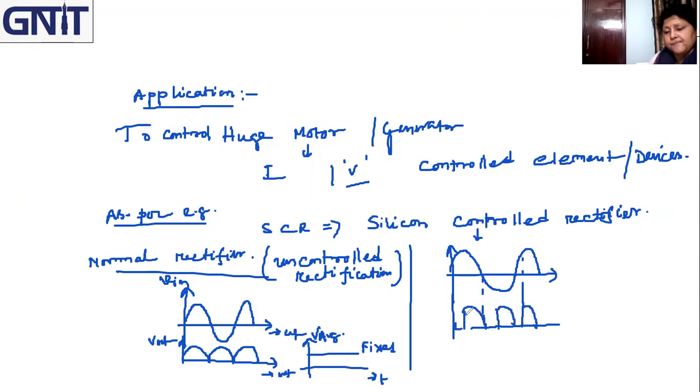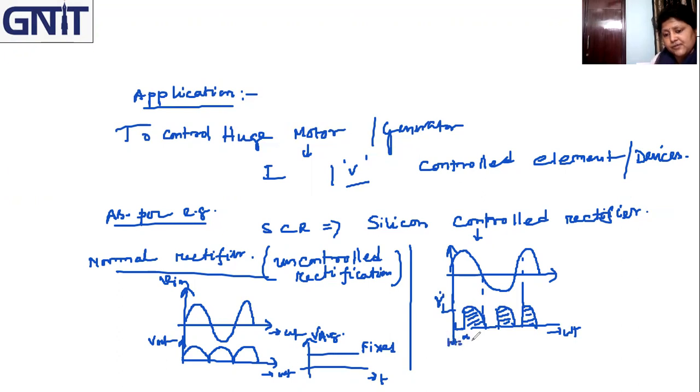A certain part of the AC cycle has been shifted off. If I draw the load voltage VL versus omega t, we will get a certain part chopped off.